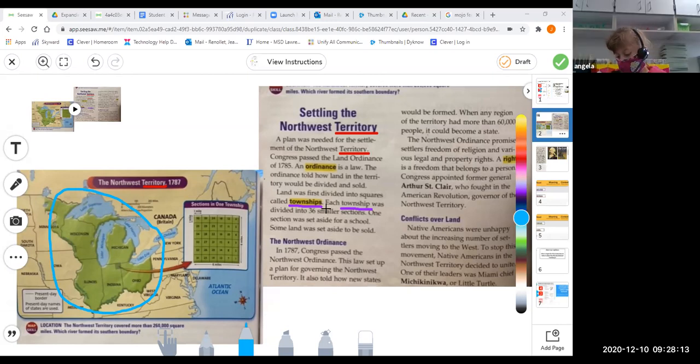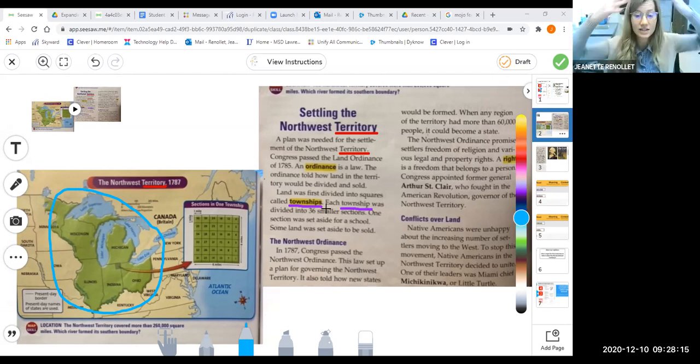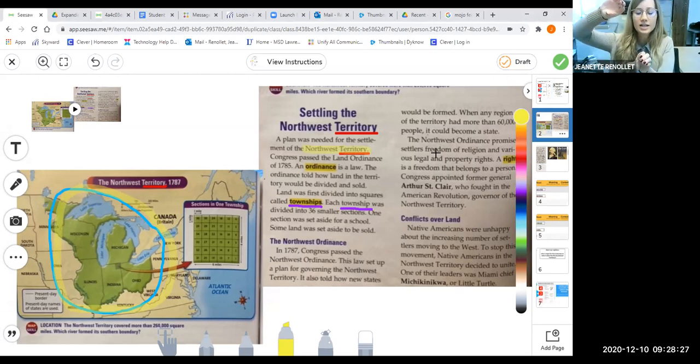Our text, one of the main ideas of our text is all about this territory. I'm circling it here on our map. They called it the Northwest Territory. After the 13 colonies were built, they started moving west and getting more land for our country.